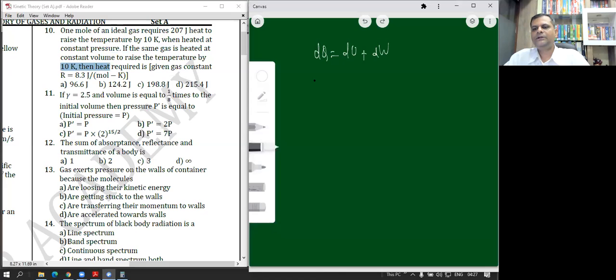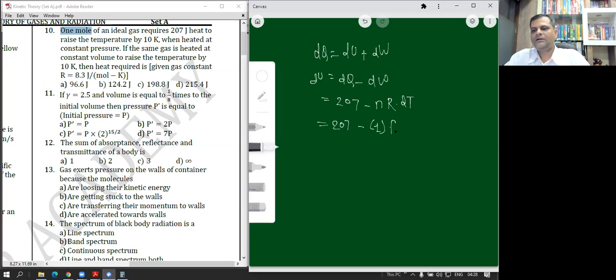What will be dU here? dU will be equal to dQ minus dW, right? Here dQ can be replaced by 207, which is given already, minus dW, which can be replaced by nR dT, so we get 207 minus n. N means the number of moles, which is already given to be 1 here, so we replace it by 1.